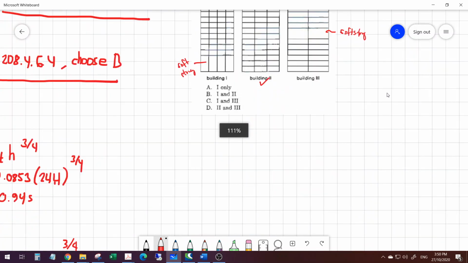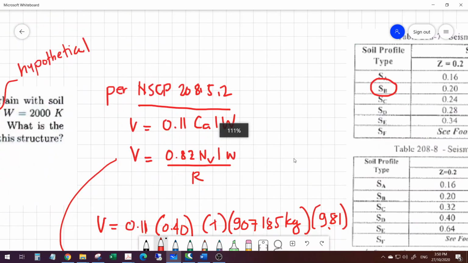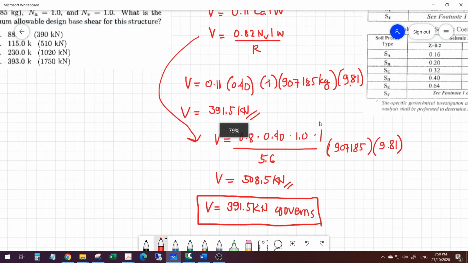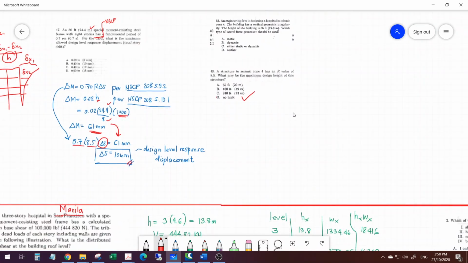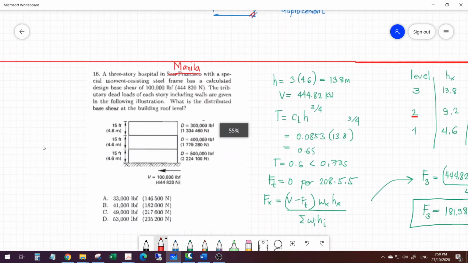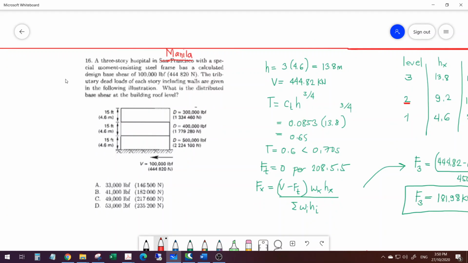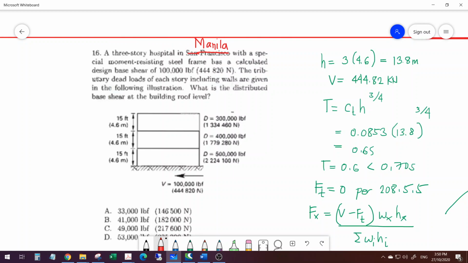So let's now proceed with problems dealing with the application of the static force method. Another problem: there's a three-story hospital in Manila with a special moment resisting steel frame that has a calculated design base shear of 444.82 kilonewton.